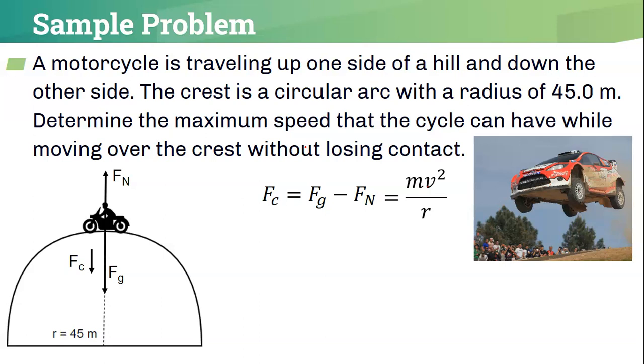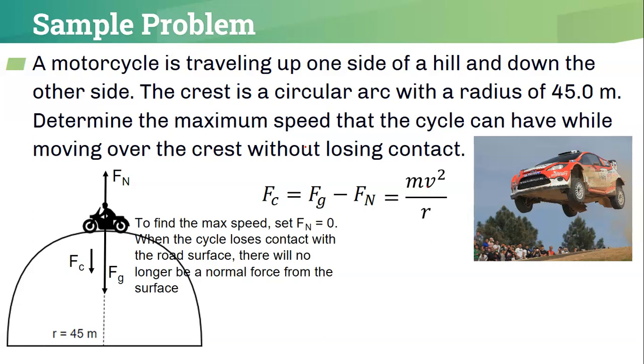Now, if the motorcycle loses contact with the ground, there will no longer be a normal force. So to find the maximum speed, we want to set the normal force equal to 0. That's because when the cycle loses contact with the road surface, there will no longer be a normal force from the surface. So this Fn just goes away.